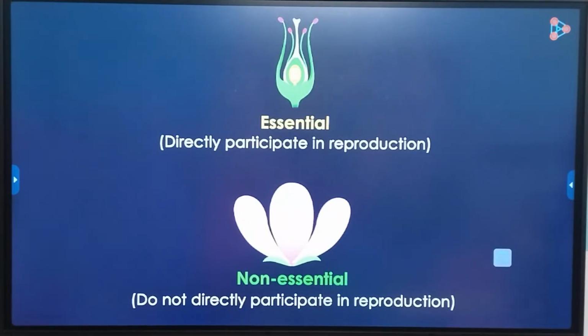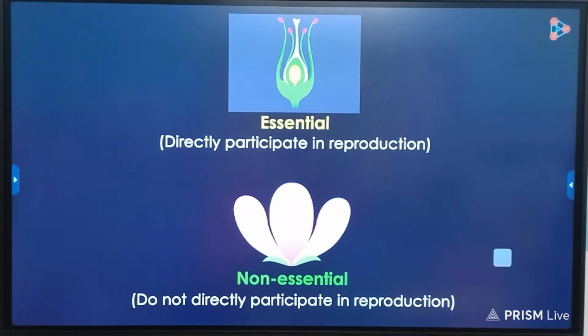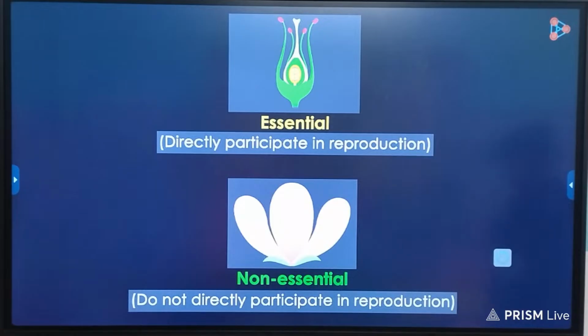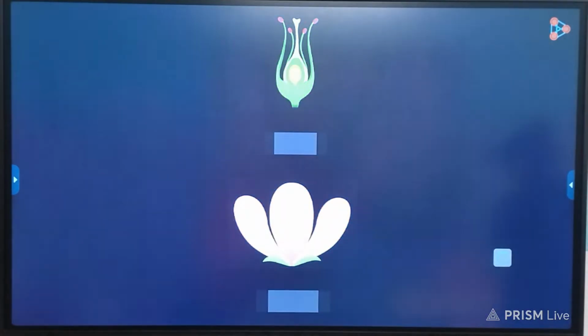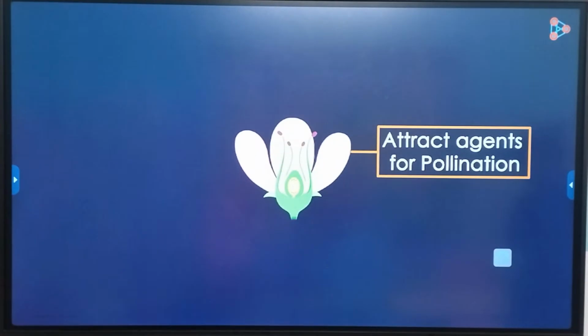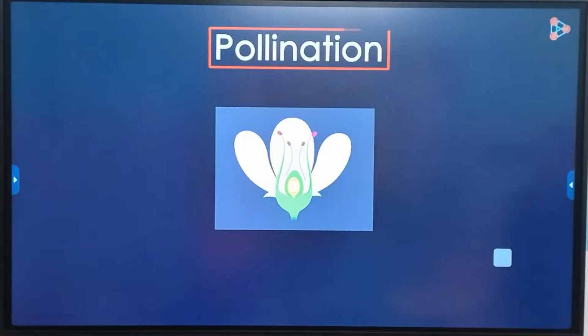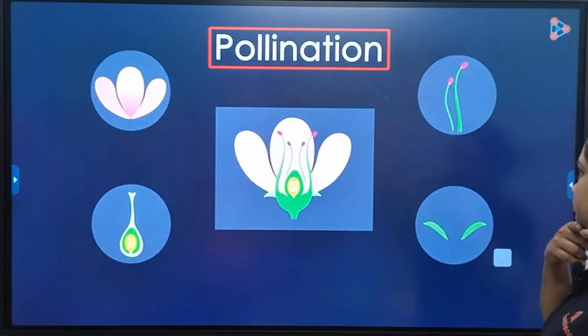In simple words, the male and the female reproductive parts the sepals are not directly involved in it. In fact, the petals are only meant for attracting birds and insects for pollination. That is the reason why they are so vibrant and beautifully colored. By the way, what do we mean by pollination? Coming up next, let's learn about this beautiful process and even understand the role of each part of a typical flower.